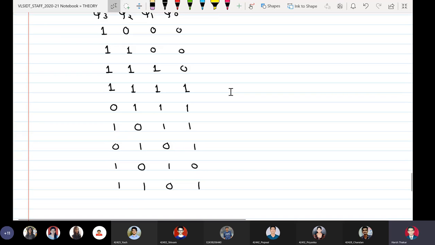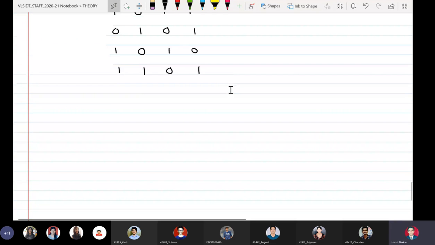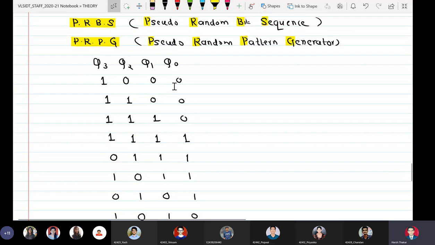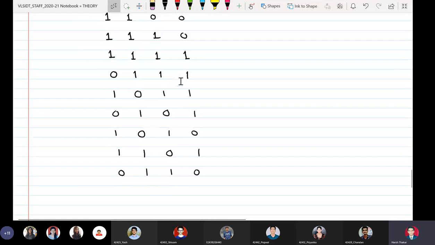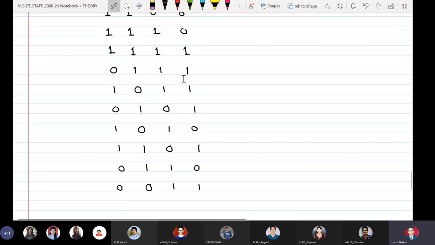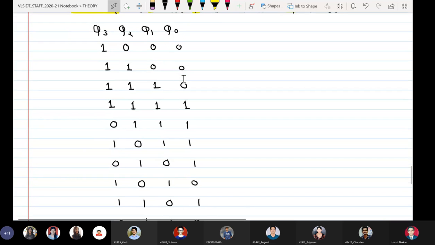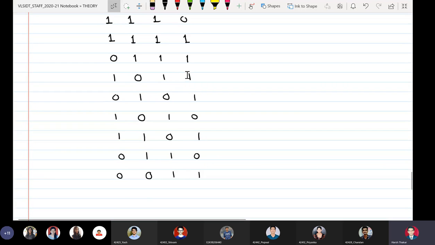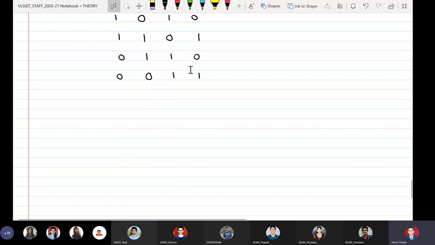Again we have here, and then we have 1 1 0 1 and 1 0. So 0 1 1 0, has it repeated here? No, it's not repeated here. Let us see. So we have 0 1 1 0. 0 0 1 1 has come somewhere. 0 0 1 1 has not come.